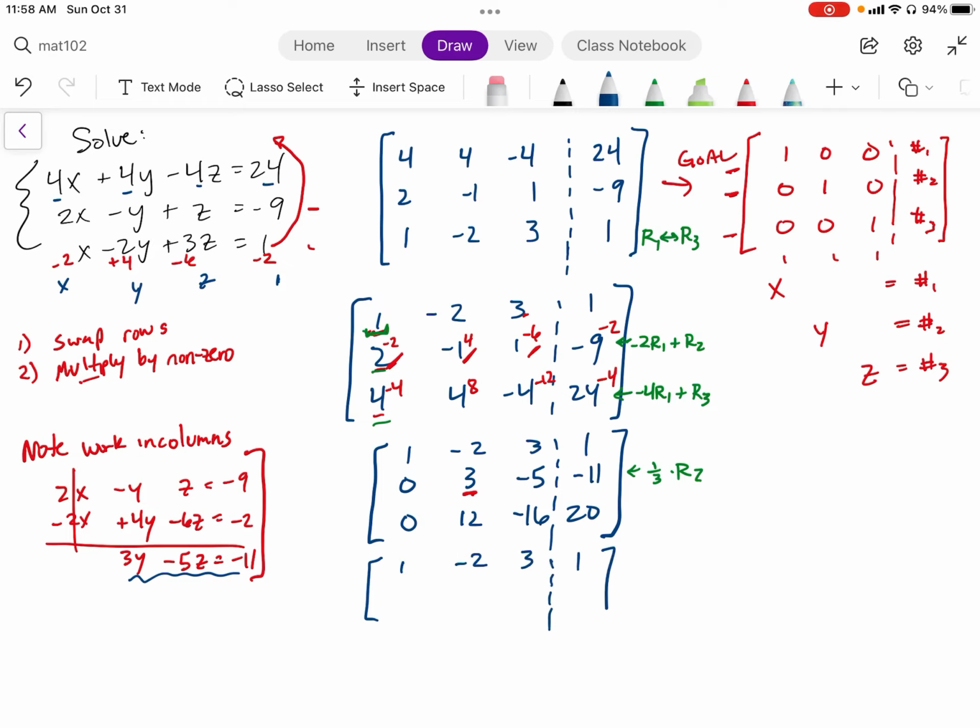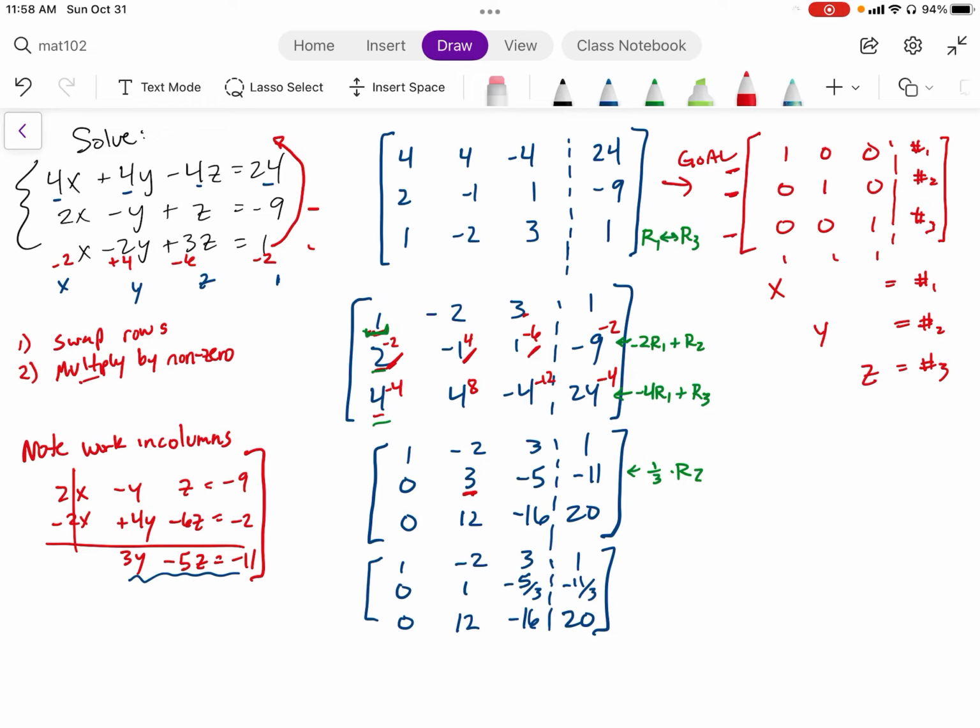Row 1 does not change. 0 multiplied by 1/3, 0. 3 multiplied by 1/3, 1. -5 multiplied by 1/3, -11 multiplied by 1/3. And then row 3 is not changing. Not yet at least.